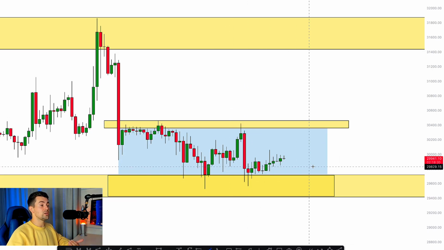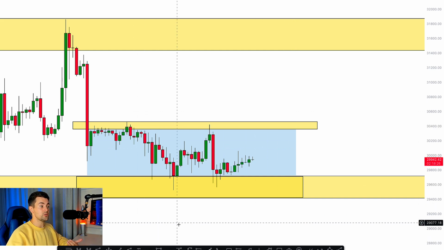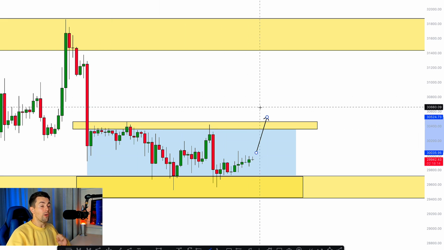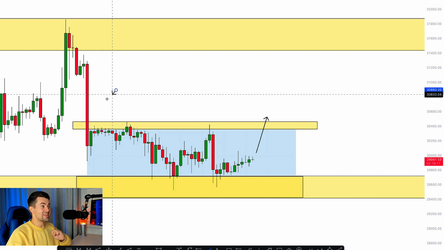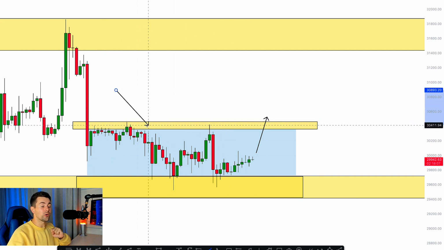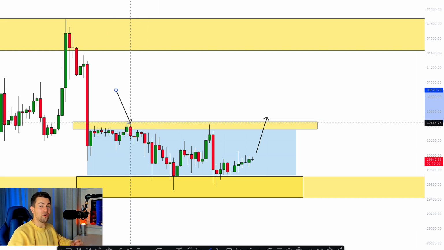And your best confirmation to buy Bitcoin from such a perspective will be to wait for a bullish breakout of the resistance of that range, because the violation of the resistance of that range will signify that buyers are very strong and that they can violate the resistance of sellers, the resistance from where sellers are selling.